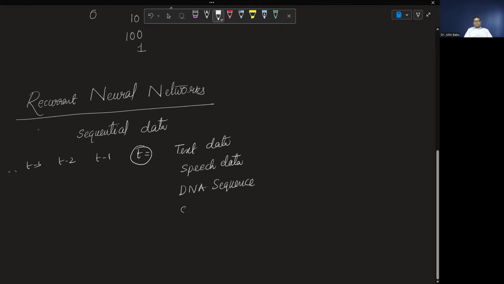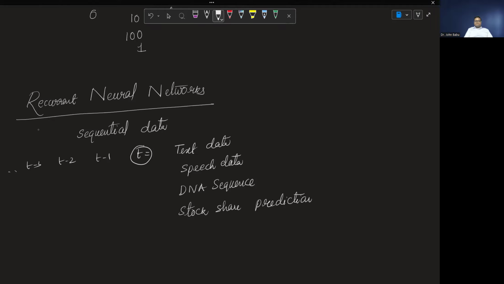Similarly, stock market share price prediction: to predict a share price, you need to analyze all the previous share prices also. So these are sequential data.